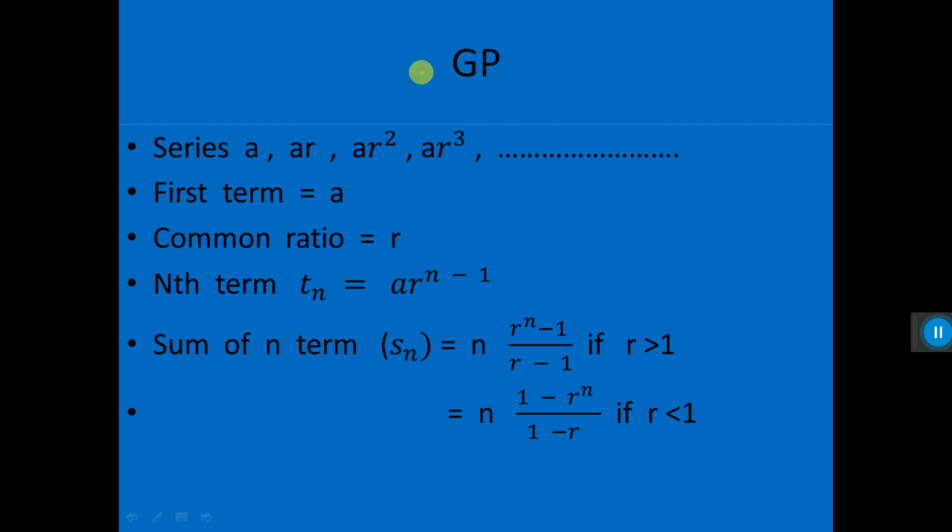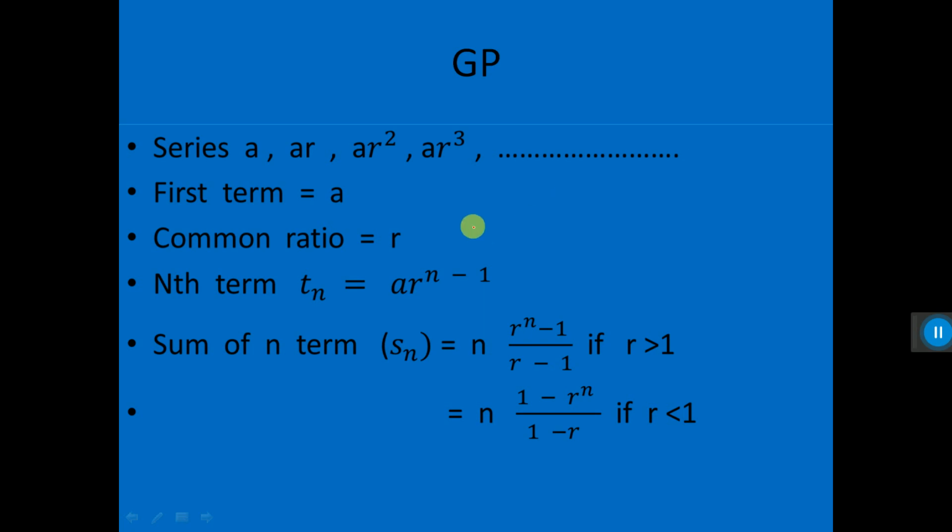GP means geometric progression. Actually, it is a series where the terms are in this way: a, ar, ar square, ar cube, and so on. That means it has a first term a and common ratio r.